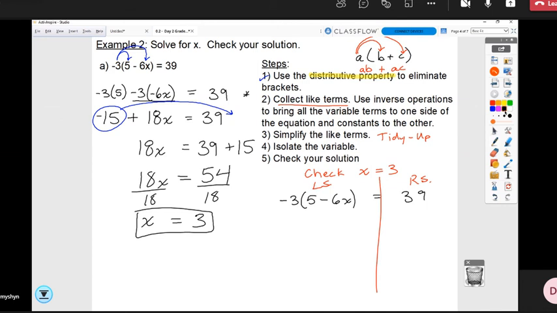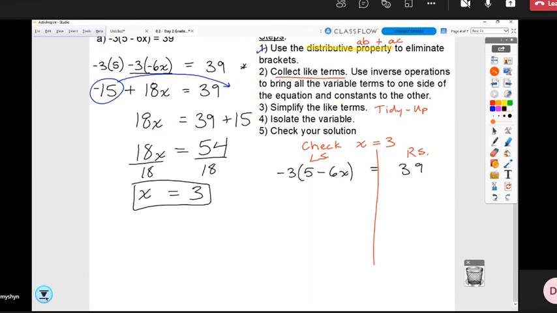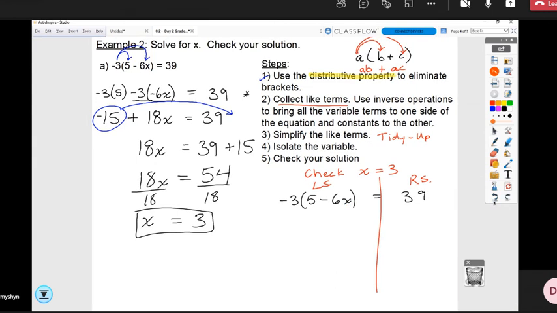Now, when you're subbing into this is where different colors or maybe different types of brackets can come in useful, and I'll show you why. We're going to replace this x right there with the 3. And the term minus 6x is already in brackets. So if you're not careful in the way you write this, it could look a little weird. I'll show you what I mean.